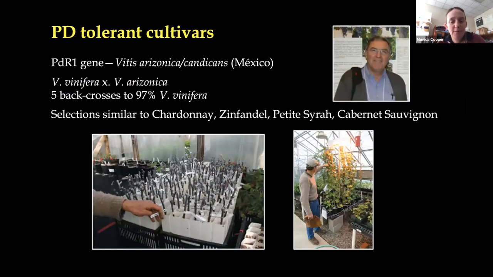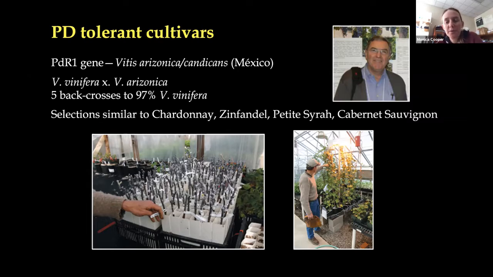As many of you have followed Dr. Walker's career and his breeding efforts, we now have PD tolerant cultivars with a gene crossed and back crossed into vinifera, so that these tolerant cultivars are about 97% vinifera, and they're similar to Chardonnay, Zinfandel, Petite Sirah, and Cab.